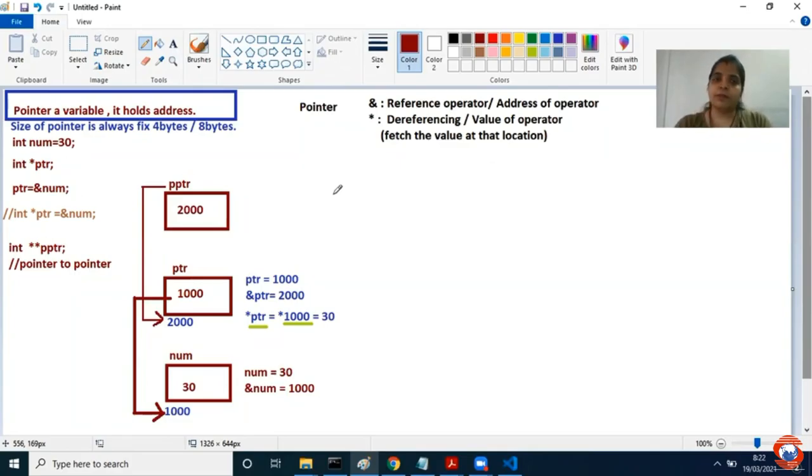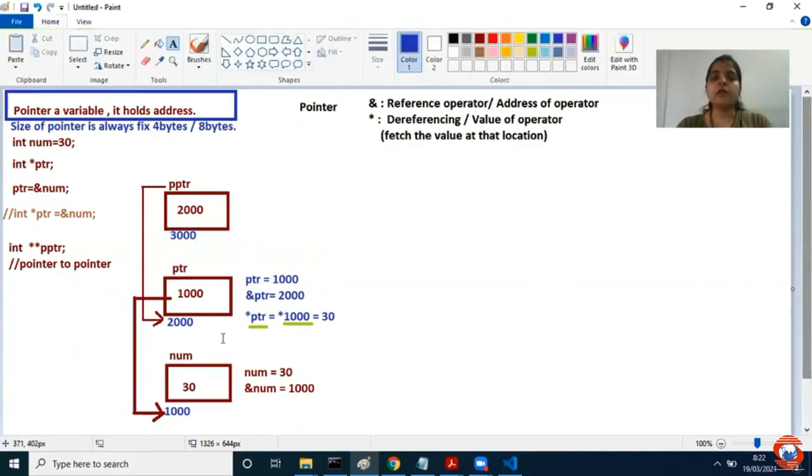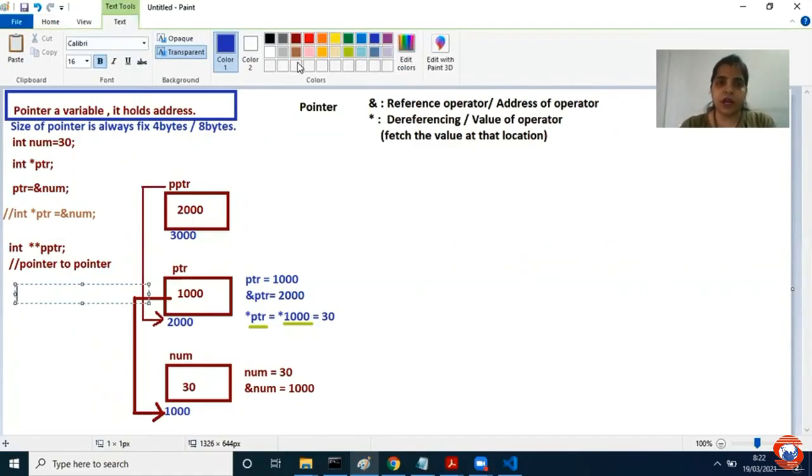समझ में आया? जैसे ही मैं PPTR declare करती हूँ, obviously PPTR will have its own address, maybe let us say 3000. I'm just assuming these addresses, right? Now, when I say PPTR is holding another pointer address, I have to compulsorily write 2 asterisk signs. From this, your compiler will understand that this PPTR is holding the address of another pointer. समझ में आया?